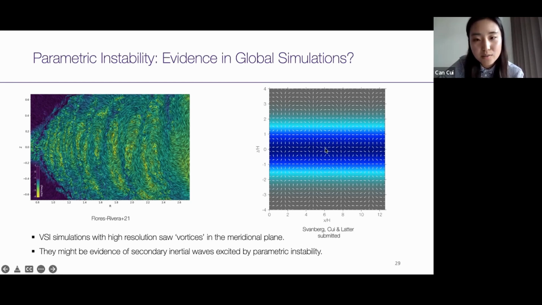Comparing these two plots, we can see that those vortices seen in the Leeds simulation could be evidence of the parametric instability, because it seems consistent with what our linear theory predicts. So that might be evidence of the secondary inertial waves excited by the parametric instability in the simulation.